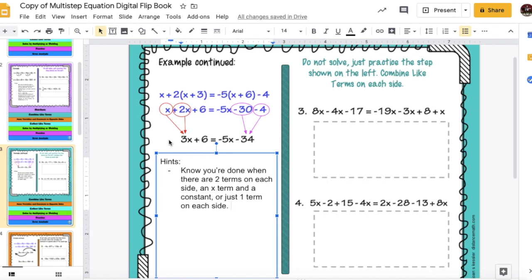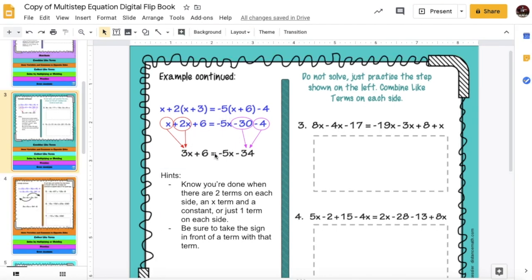But you shouldn't have more than that. If you have more than that, there are probably things you can combine. And just like with every step, be sure to take the sign in front of a term with that term. For example, in number 3 here, we have an 8x and negative 4x's to combine on the left.